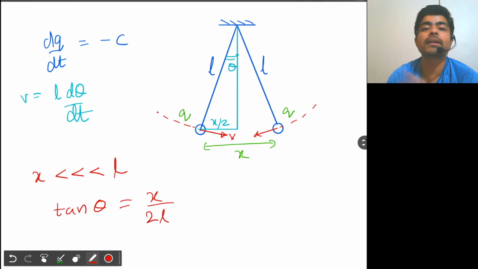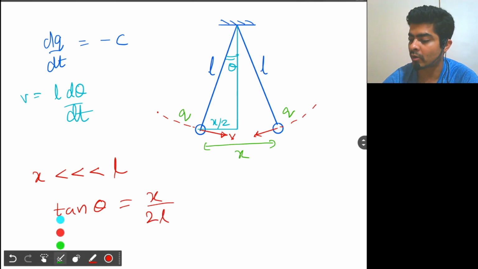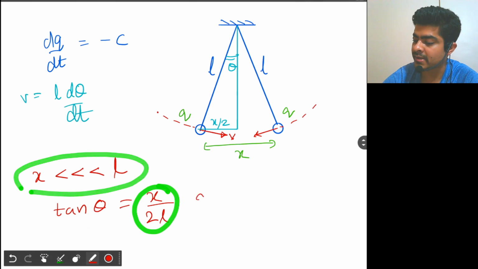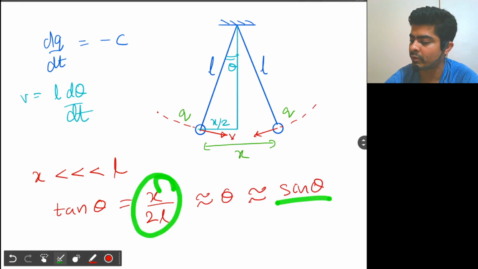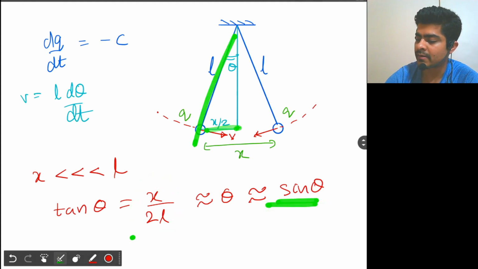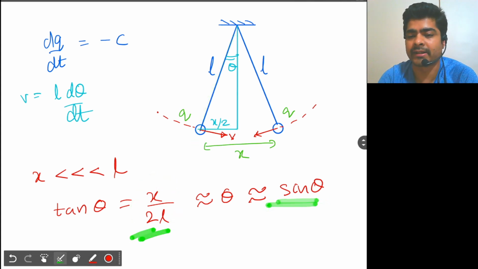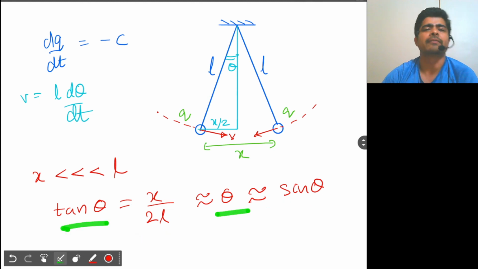But because x is very small, this is also very small. So this is approximately equal to theta. Actually, I'm sorry, I should say that perpendicular by hypotenuse will be sine theta. So x by 2L is sine theta, approximately equal to tan theta, theta, everything like that.